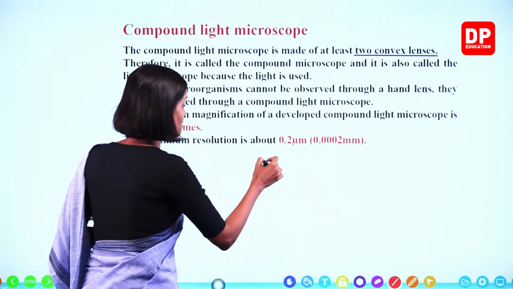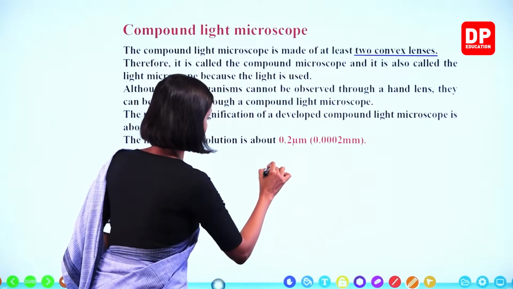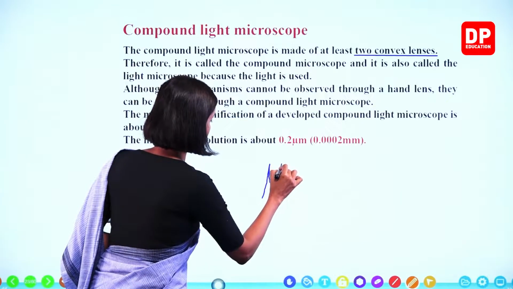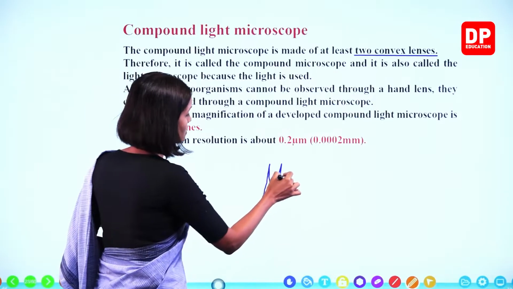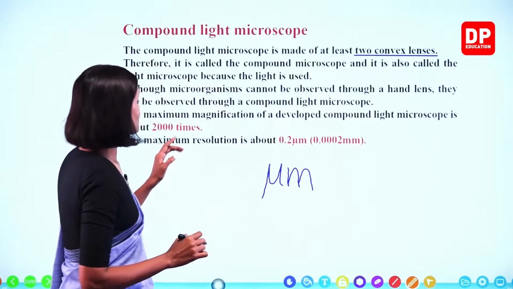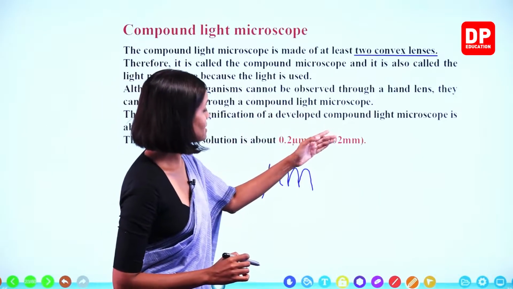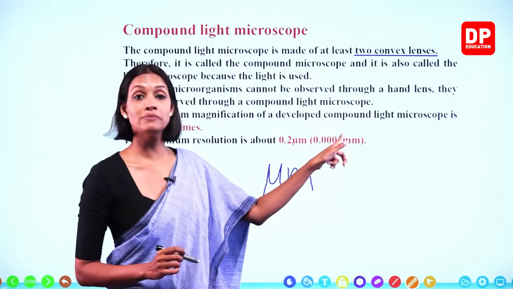How do you write micrometers? Micro. This letter is known as mu, right? Micrometers. What is it in millimeters? 0.0002 millimeters.